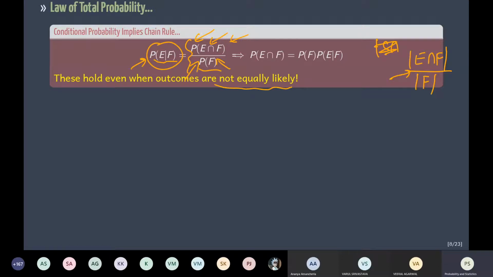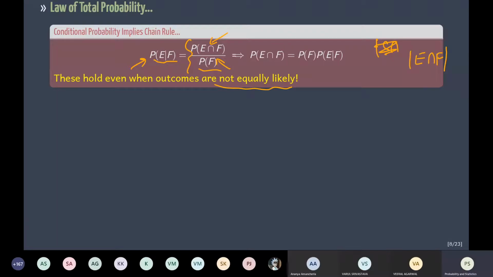So I am no longer bothered about whether outcomes are equally likely or not. In the other case we were using equally likely, otherwise it may lead to error.